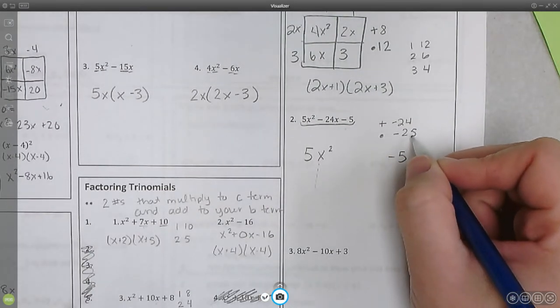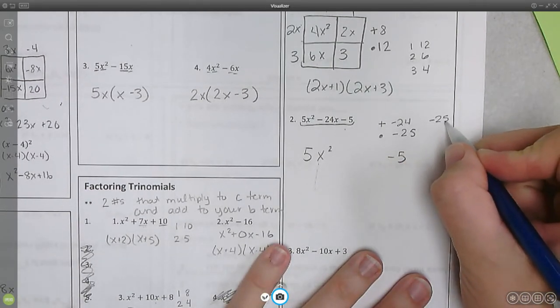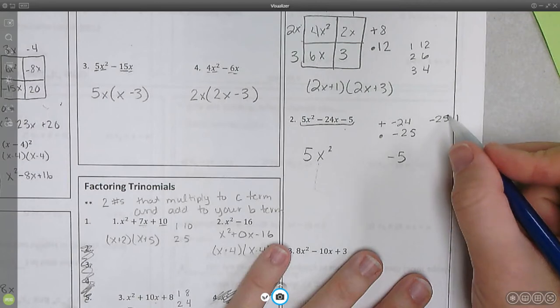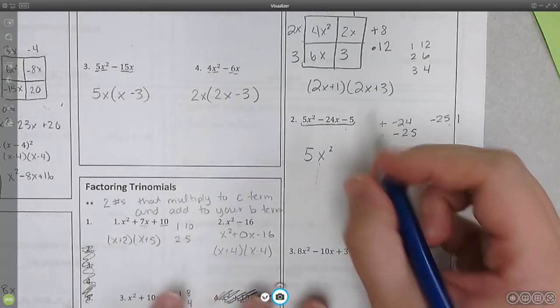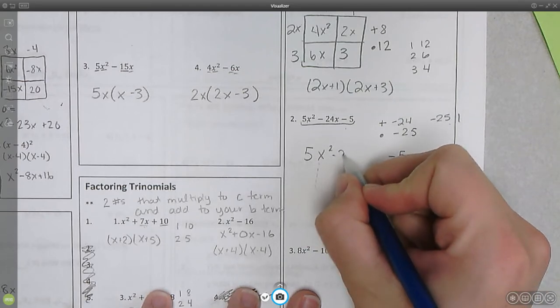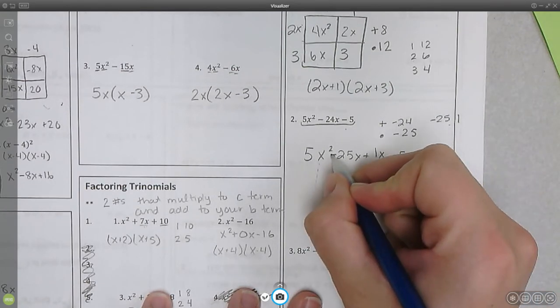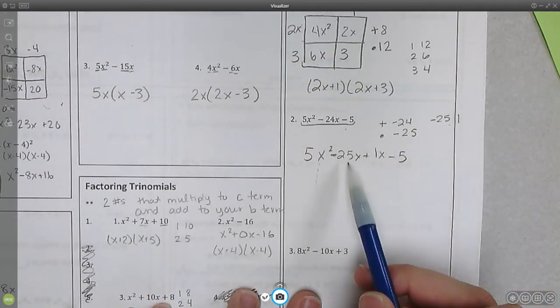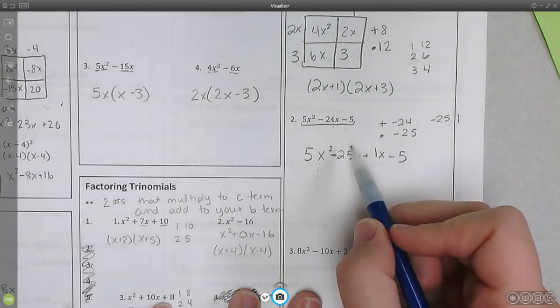Numbers that multiply to negative 25 are negative 25 and 1, and those actually add to negative 24. So you take these two numbers and put them in here. So we have negative 25x plus 1x. Notice how negative 25 plus 1 is the same as negative 24.